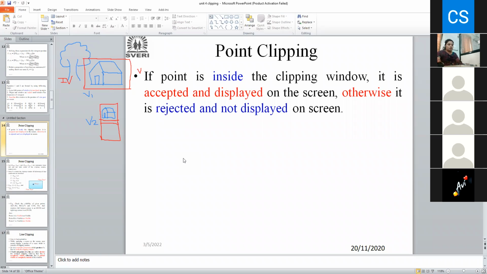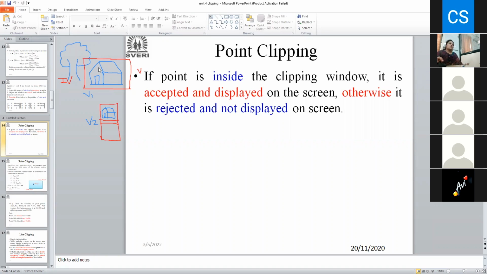So clipping means what? Just now we have seen the definition of clipping. What is clipping? Yes. Can anyone tell what is clipping? So clipping is nothing but the portion which is visible. We are going to accept that portion for display, and the portion which is invisible, then we are going to reject because we are not going to display it on our screen.